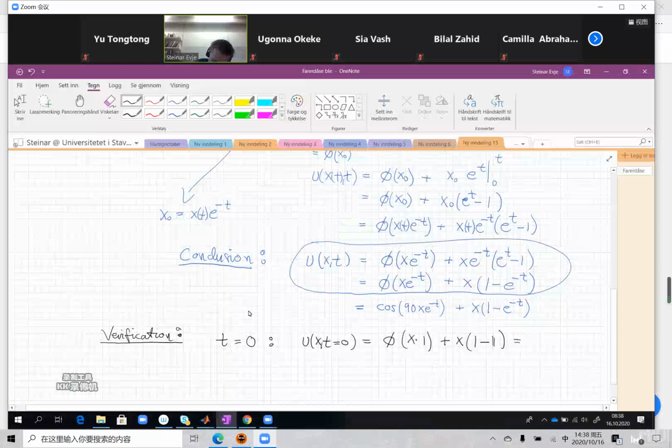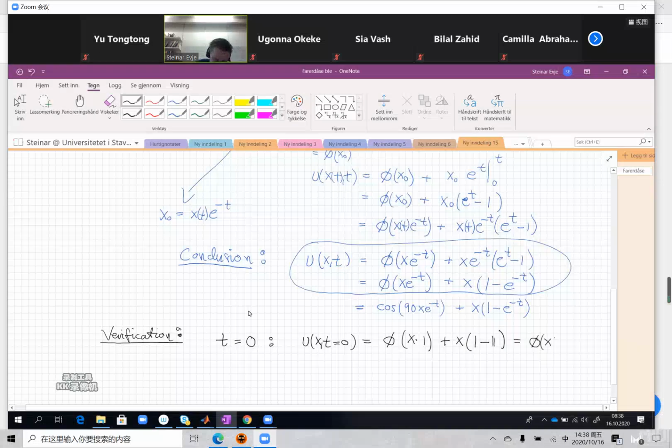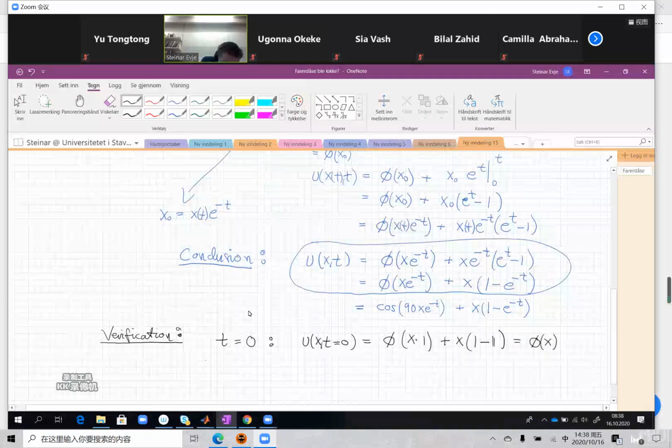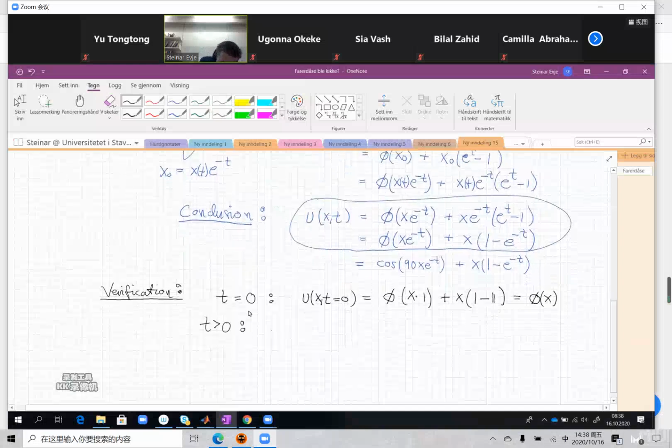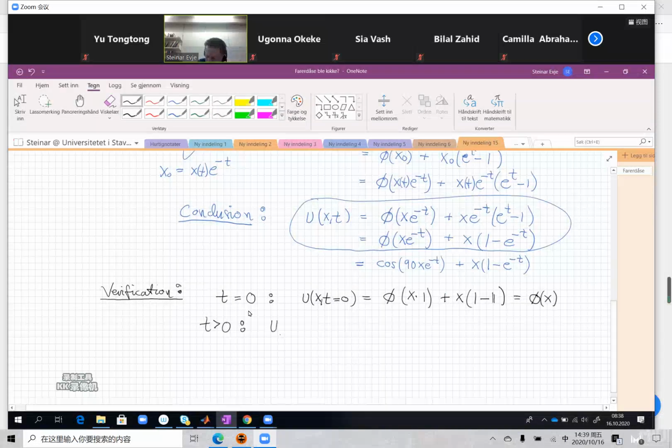And clearly that is equal to phi of x. Then we want to test if this is the solution of the equation itself. So we compute first the derivative of u with respect to time.